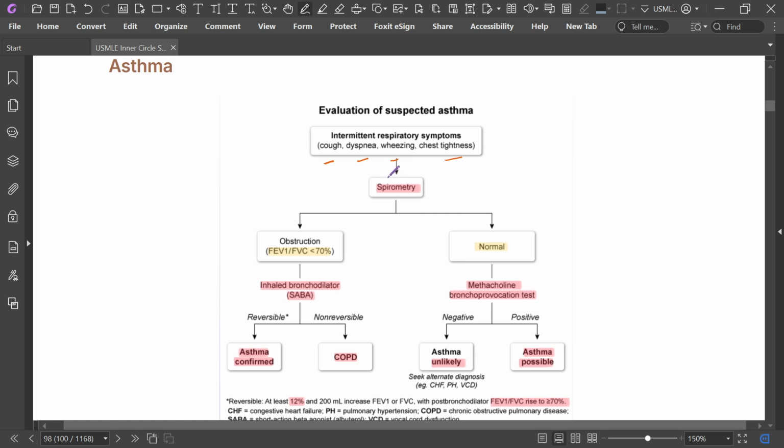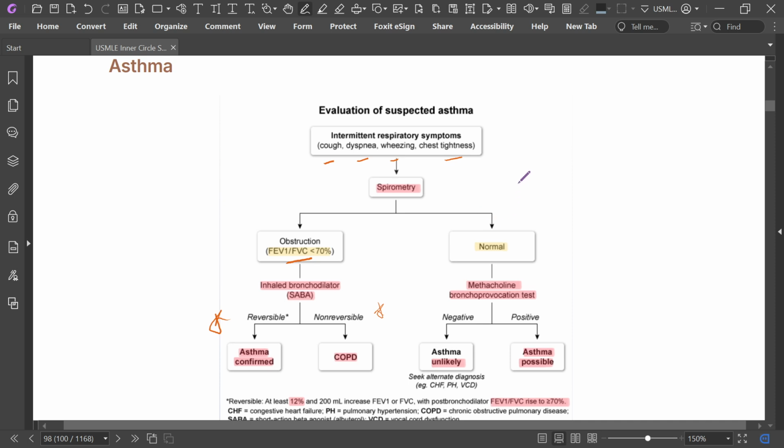In spirometry, if it is an obstructive pattern, that means FEV1/FVC ratio less than 70, then we can give an inhaled bronchodilator like SABA, like salbutamol. If it is reversible, asthma is confirmed. If it is not reversible, it's COPD.